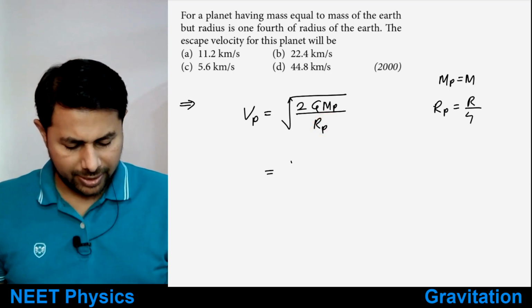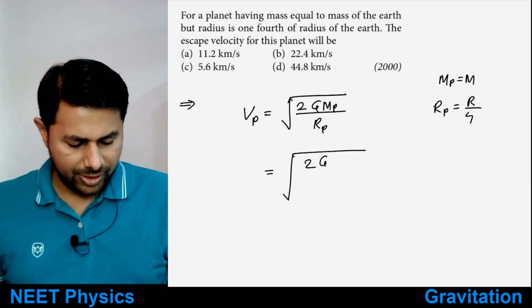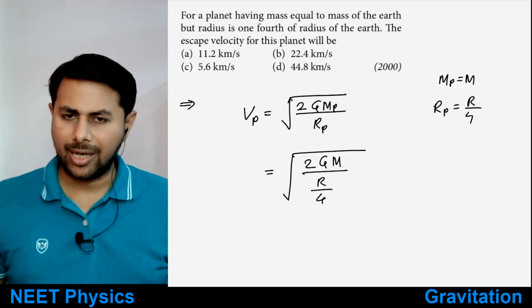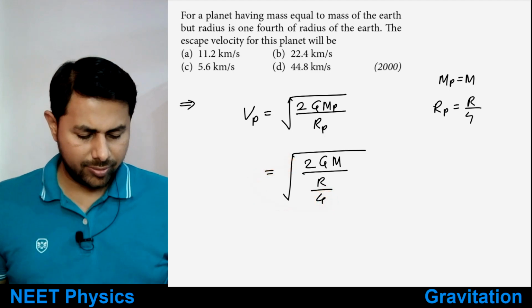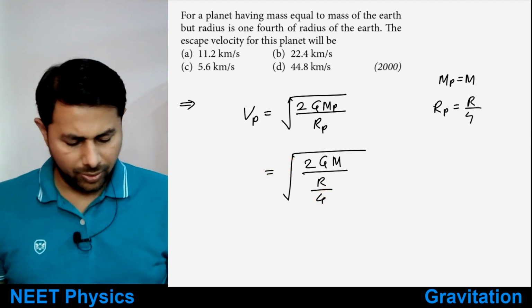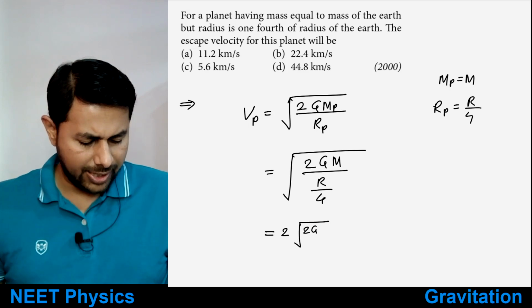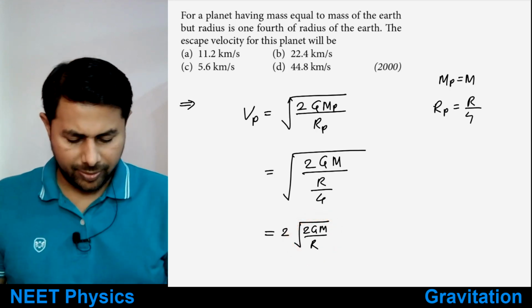So what do we get? It is equal to square root of 2 times G into M divided by r by 4, and that 4 will go to the numerator. Square root of that is 2, so you have 2 times root of 2GM over r. And this thing is escape velocity from Earth's surface.